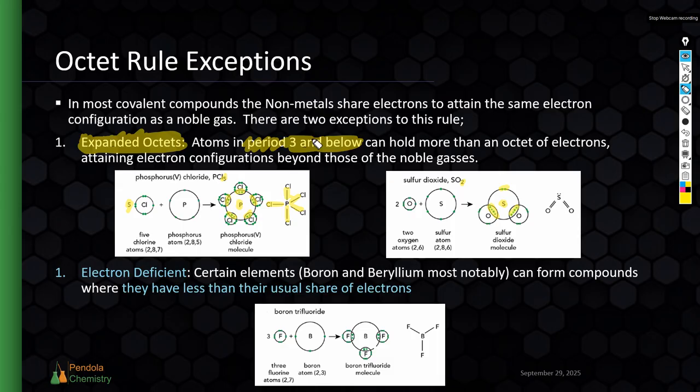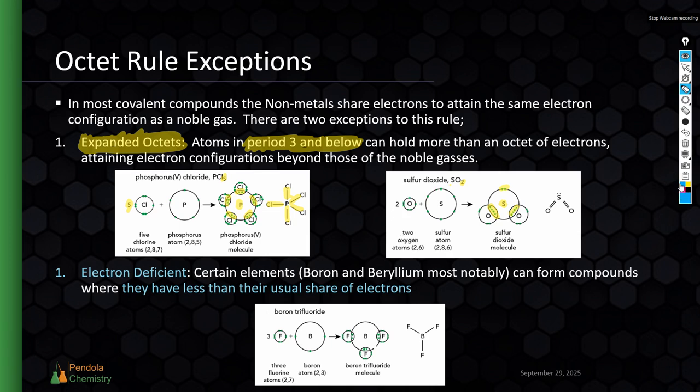And again, don't think too much about how to know if the octet is expanded or not. When you're asked for a dot and cross structure or a Lewis structure, you'll be asked for a specific chemical, and they will only make sense if they have that expanded octet, like in the case of PCl5 or in the case of SO2.